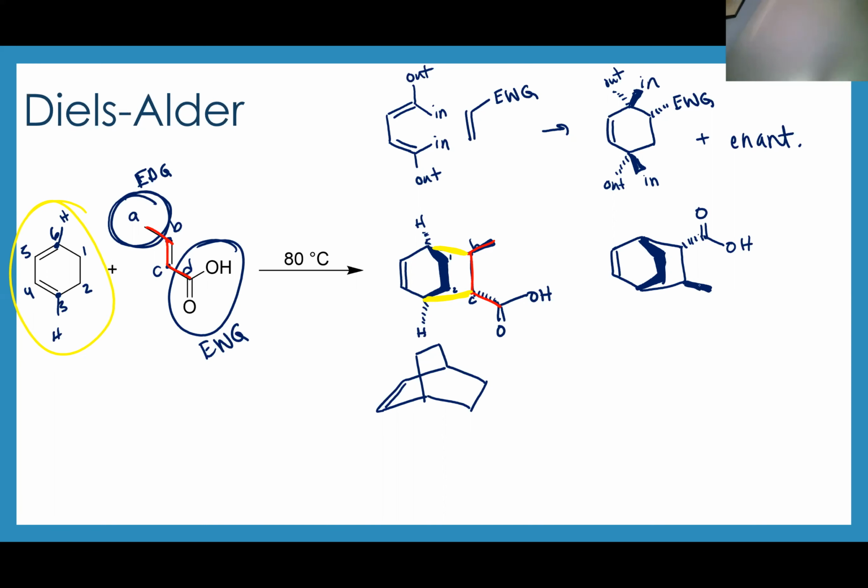If you can see it better in the 3D structure, you would put the methyl group up and the carboxylic acid down. Sorry, there's some lag on my tablet right now. And then you could draw the same thing here, down and up. So both of these would form.